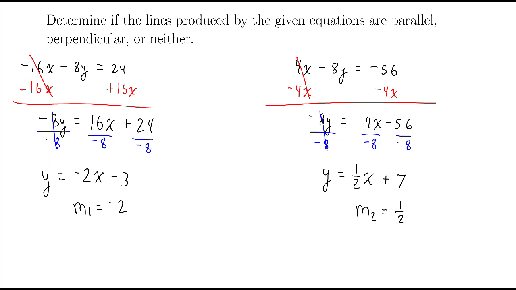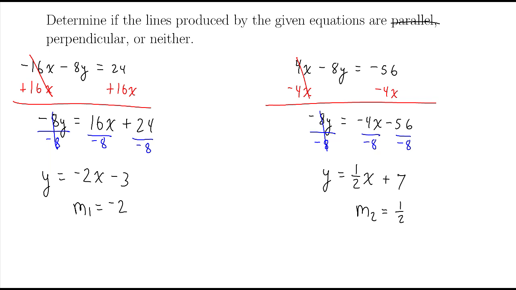Now they're not the same, so these are not parallel. We knew that already because we found an intersecting point. And if they're parallel, they don't have an intersecting point. Are they perpendicular? Okay, so to be perpendicular, they have to have opposite signs. Here we have a positive and here we have a negative, so that criterion is checked. Are they reciprocals?